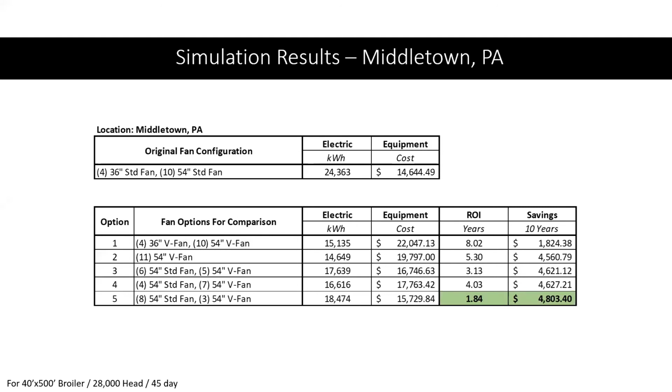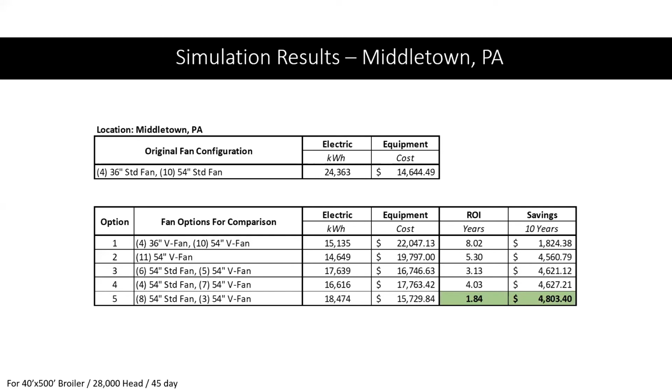Option 3 then is a combination of 6 54-inch standard fans versus 5 54-inch V fans. And then we just alternate in option 4, fewer 54-inch standard fans at 4 and 7 54-inch V fans. And then the last one was 8 54-inch standard fans and 3 V fans.